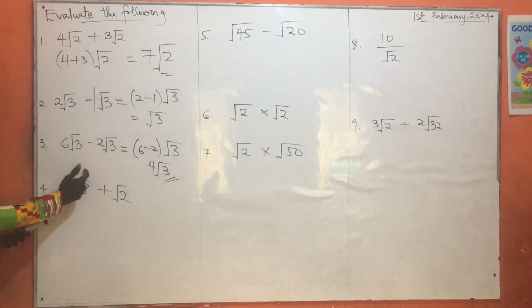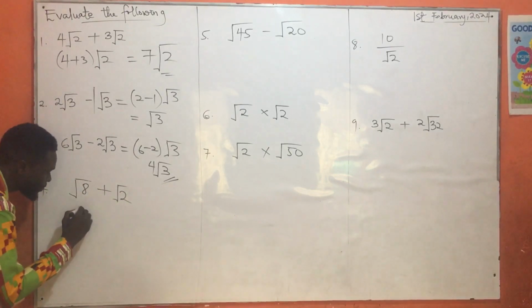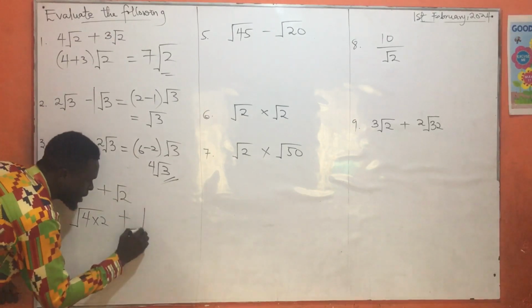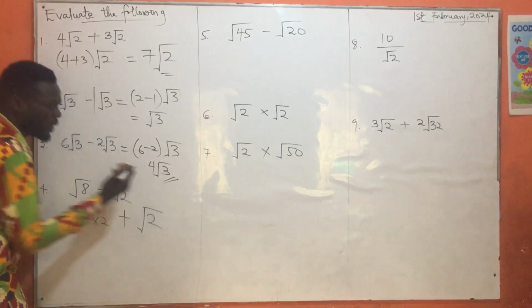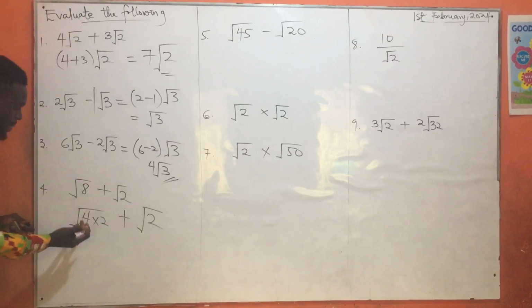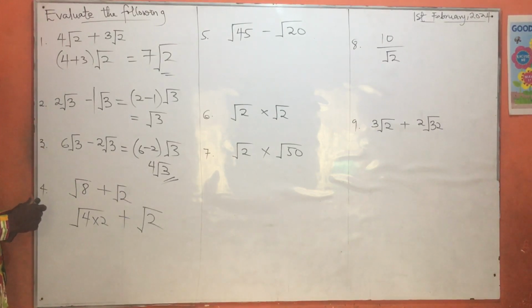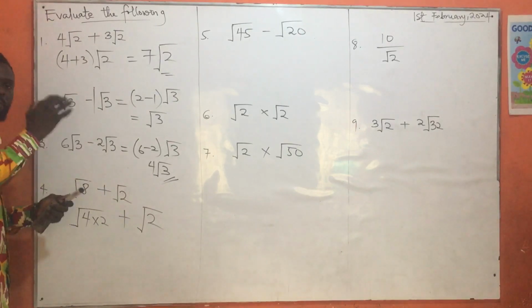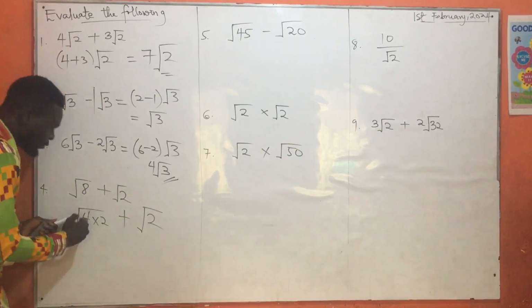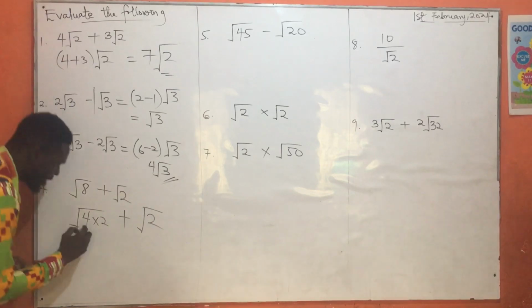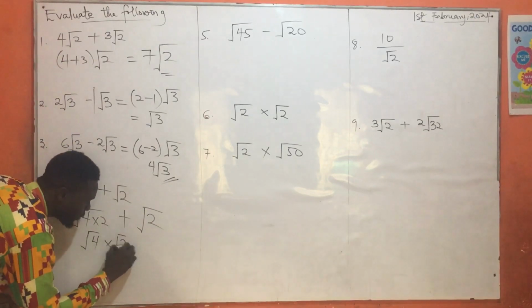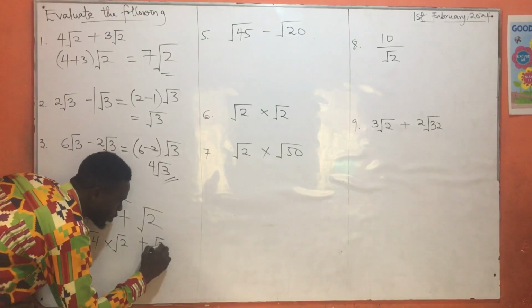So this root 8 can be written as the square root of 4 times 2 plus root 2. Root 2 is already in a basic form, but this one is not. Now this 4 happens to be a square number. So if you split the expression, you have the square root of 4 times the square root of 2 plus the square root of 2.